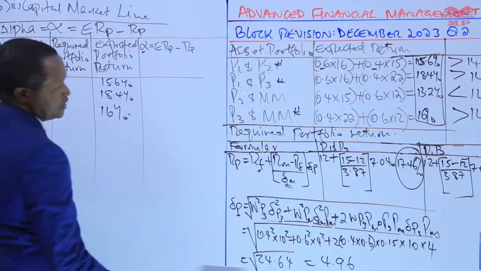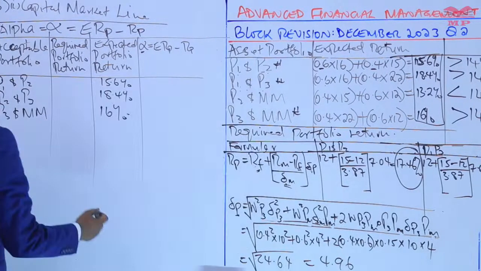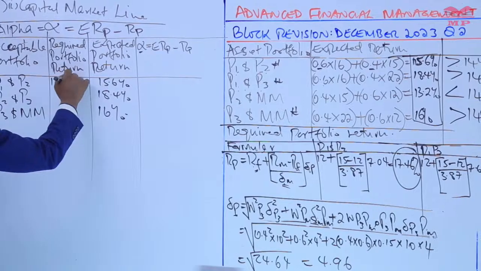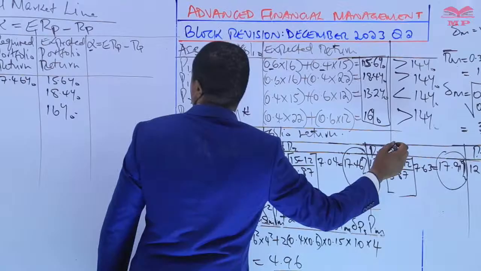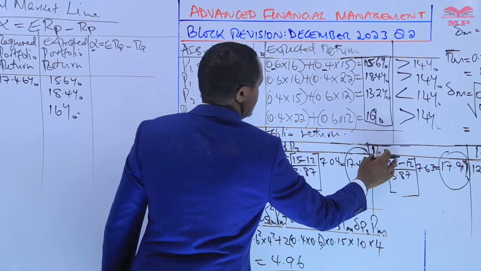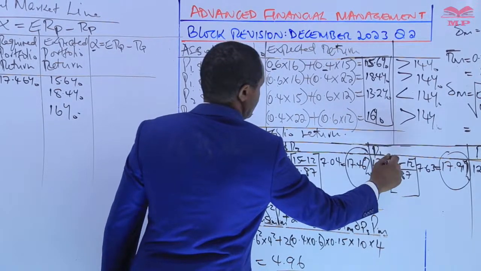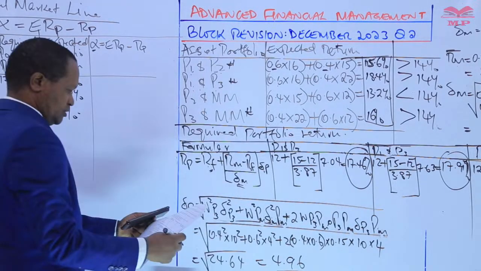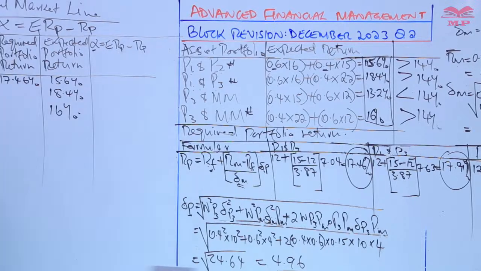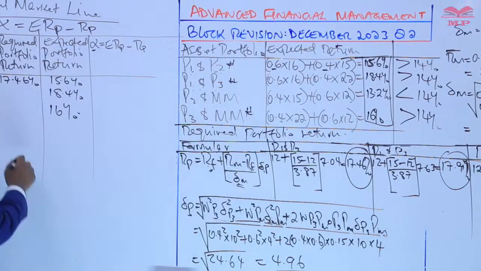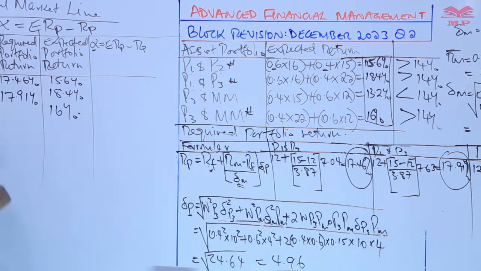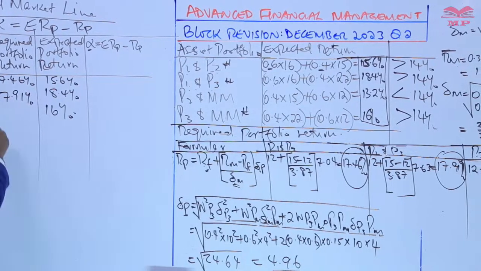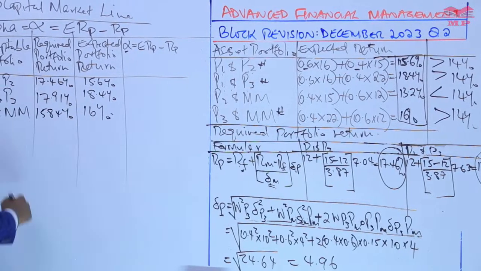P1 and P2, 17.46%. P1 and P3, 17.91%. Then lastly, we have 15.84%.